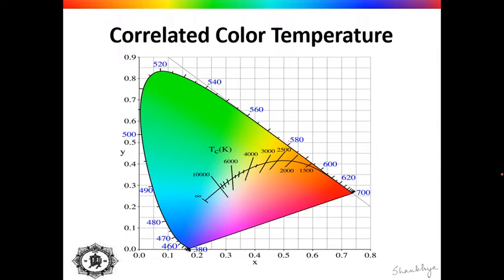So the only difference, okay. Just as a recap from the previous lecture, this curve is known as the Planckian locus, right? This has been obtained by joining all the points, all the color temperatures for all the colors that are available to the human eye.